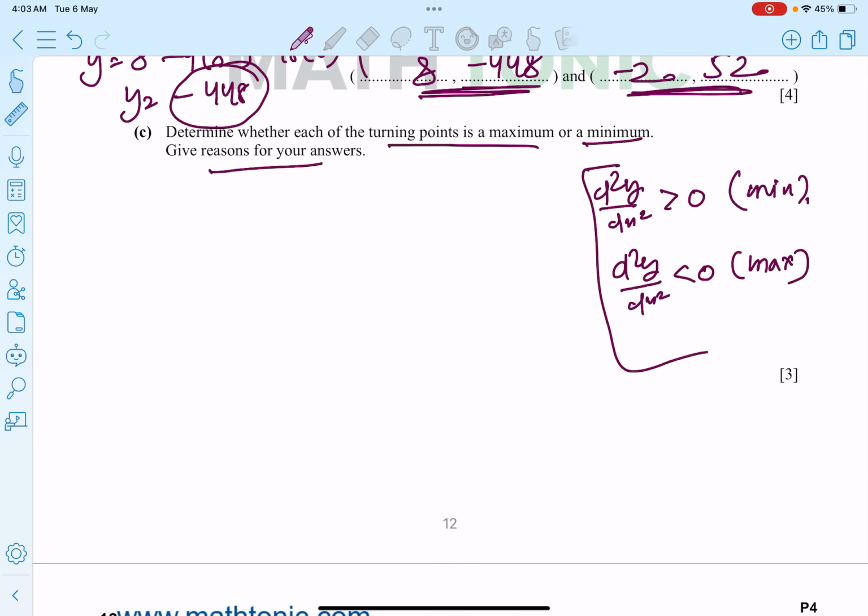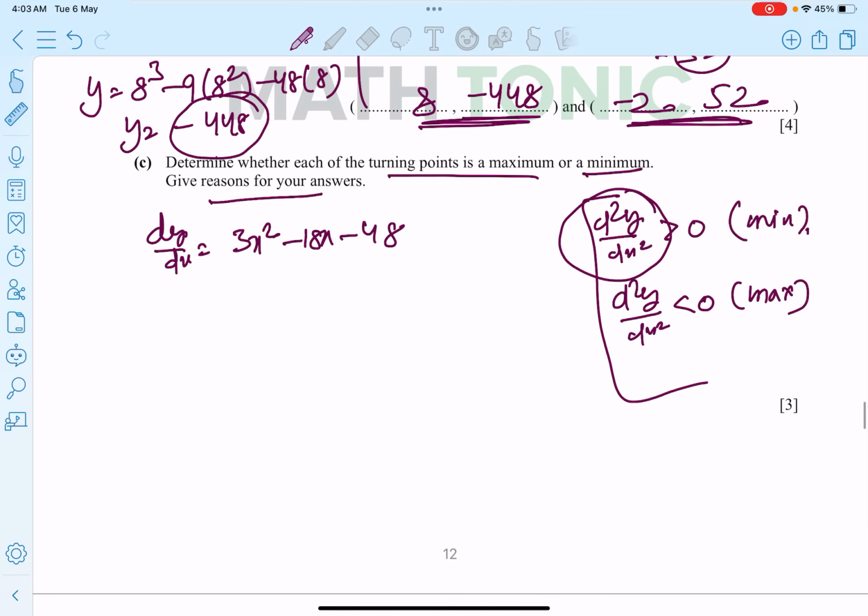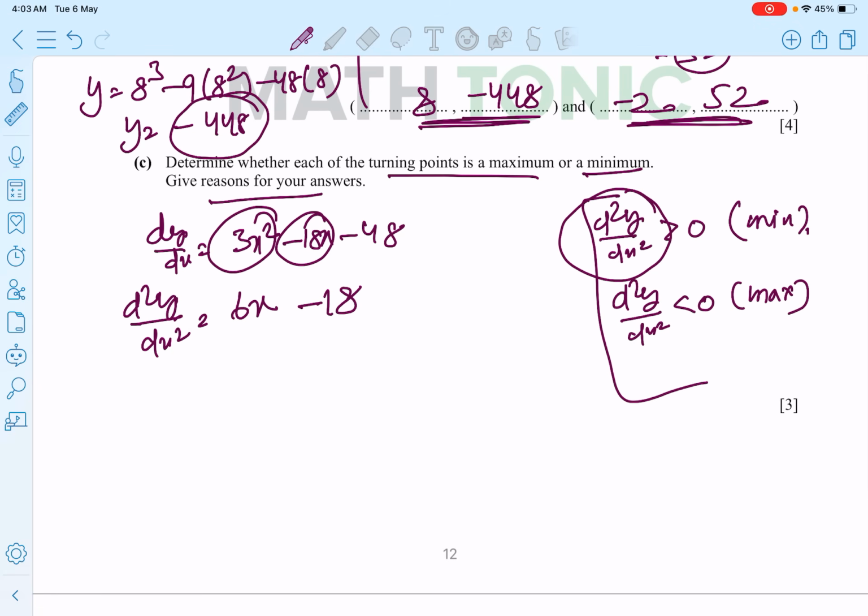This is the condition given. Now we already have dy over dx, which equals 3x squared minus 18x minus 48. So for d squared y over dx squared you have to differentiate again. 3x squared becomes 6x and minus 18x becomes minus 18 only, and 48 is a constant, its differentiation equals 0.